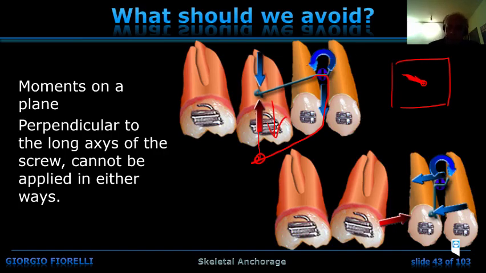What you would do is to produce a moment in this direction, which is apparently not bad because you are making the screw even tighter in the bone. But this is not good at all because you're probably creating micro cracks of the bone, and this will not become loose immediately, but you have very good chances that in some weeks or 1 month it becomes loose. So don't use moments which are perpendicular to the long axis of the TAD.